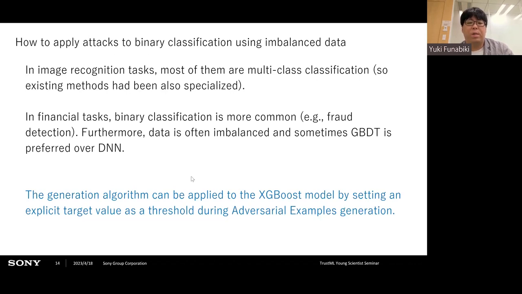So we are interested in such machine learning architectures, other than deep neural networks and other settings. As a result, the generation algorithm can be applied to the XGBoost model by setting an explicit target value as a threshold during adversarial example generation. This is the first issue in our research.